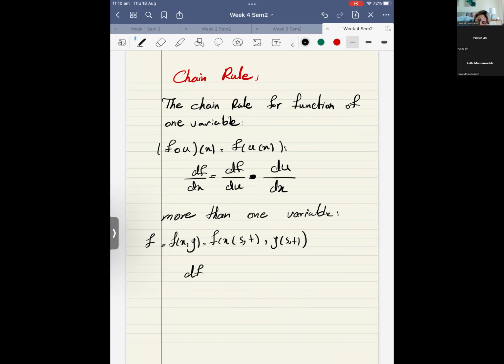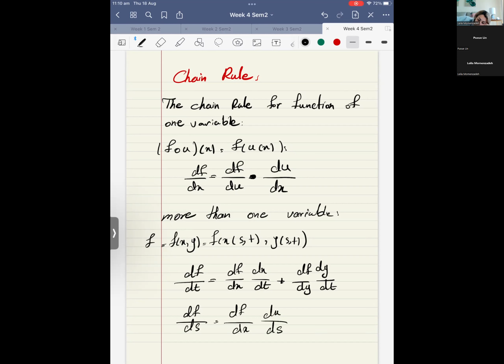I can write df over dt is equal to df over dx, dx over dt plus df over dy, dy over dt, and also the derivative with respect to s is equal to df over dx, dx over ds plus df over dy, dy over ds.